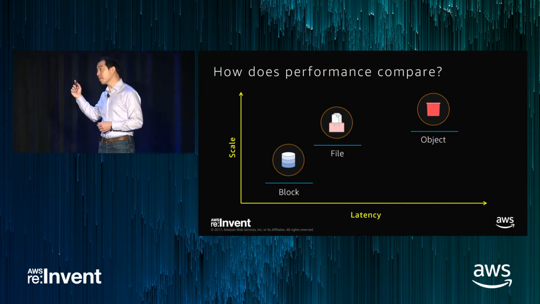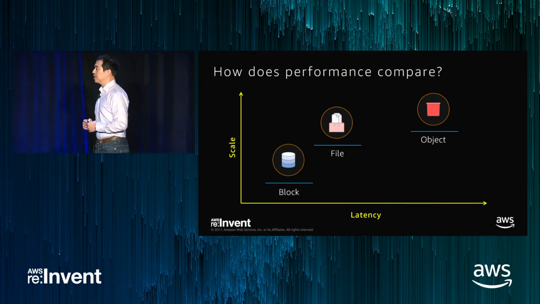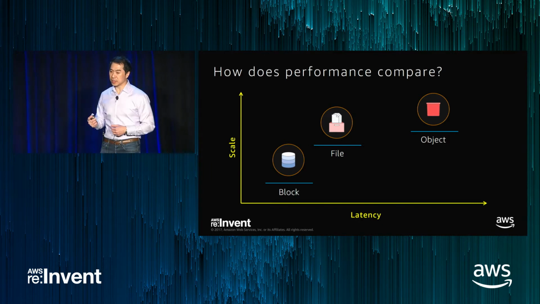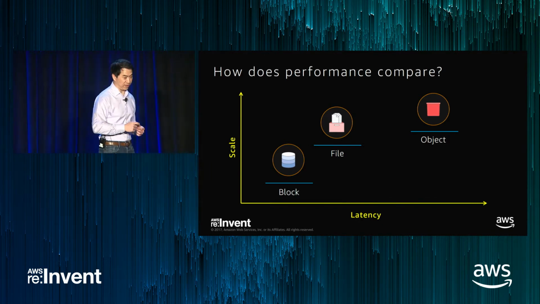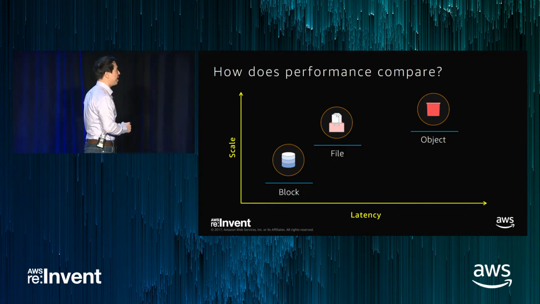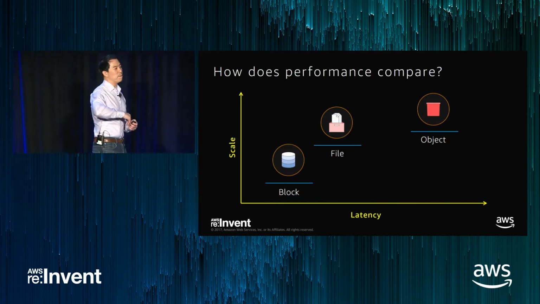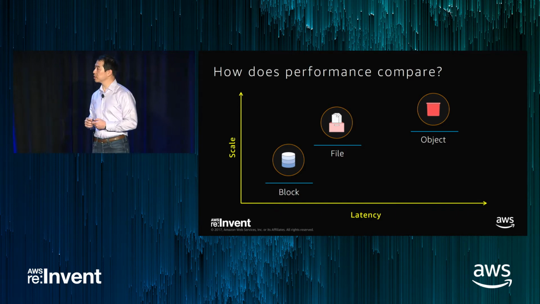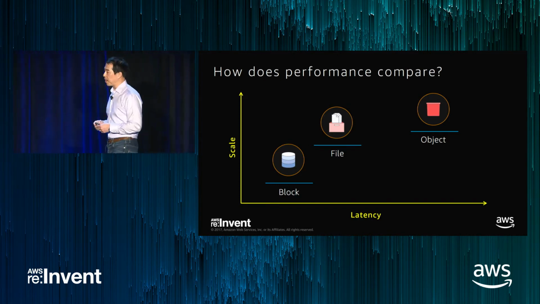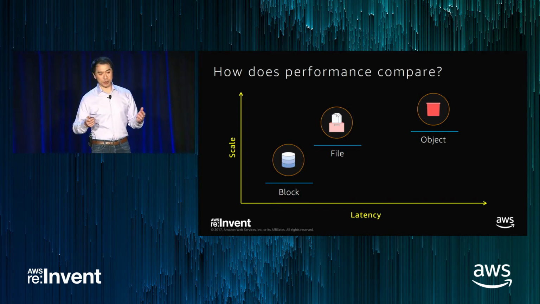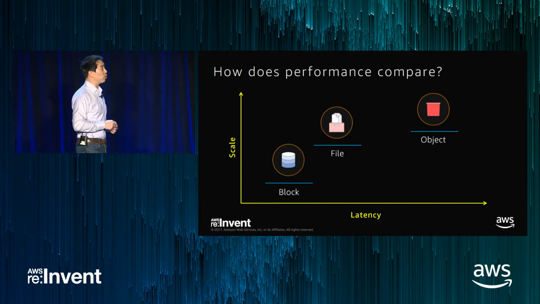As we move up, file storage is typically slightly higher latencies, but also provides scale up into the tens of gigabytes per second. And then lastly, you can have tremendous scalability with object storage, and typically the latencies will be even longer. Okay, so this is just a relative comparison of how the different storage options relate in terms of performance.